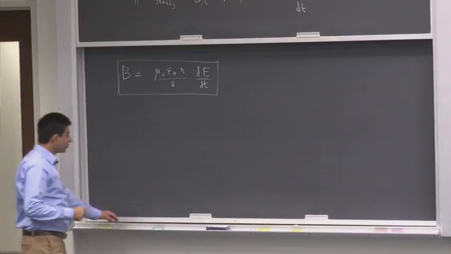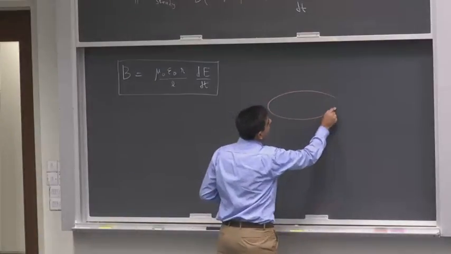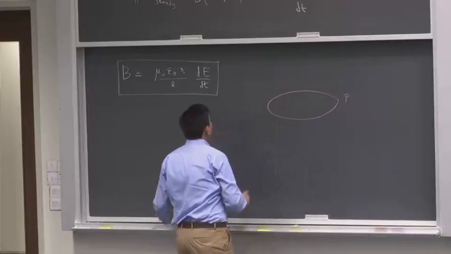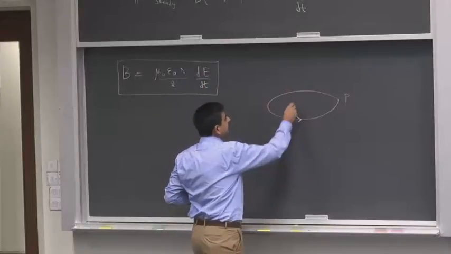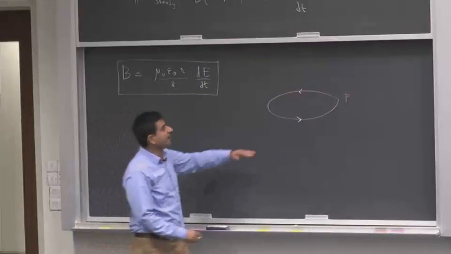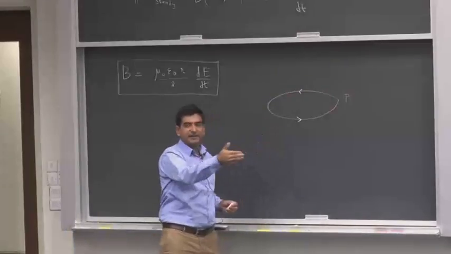So let me redraw this path here. I've redrawn this path. This is some point P. Now B into 2 pi r, which means that I've traversed this path in this direction. And if the area vector is pointing upwards, I have to traverse the path in this direction according to the right hand rule.